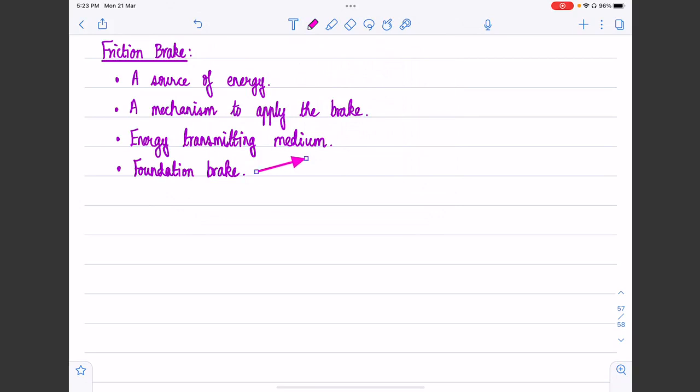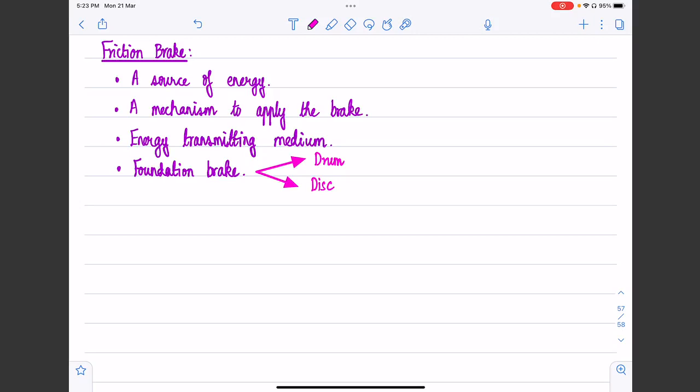The most common realizations available today of the foundation brake are the disc brake and the drum brake. Of course, there were other realizations available historically, but over time, these are the two main realizations of the foundation brake that are available in modern automobiles.